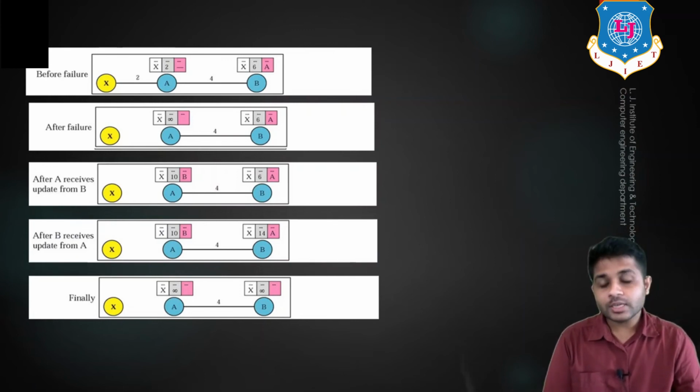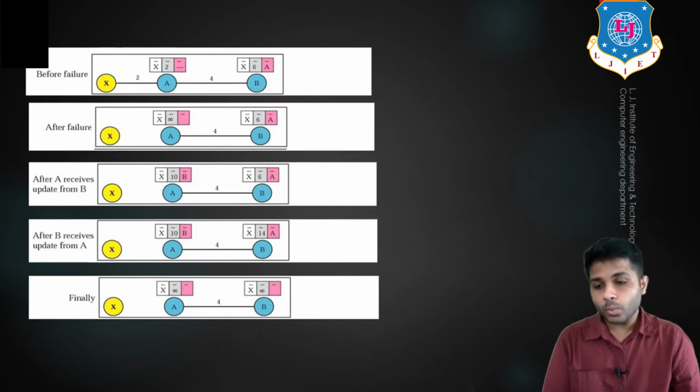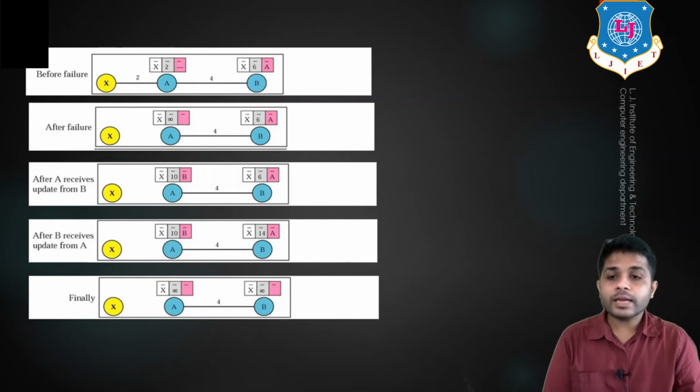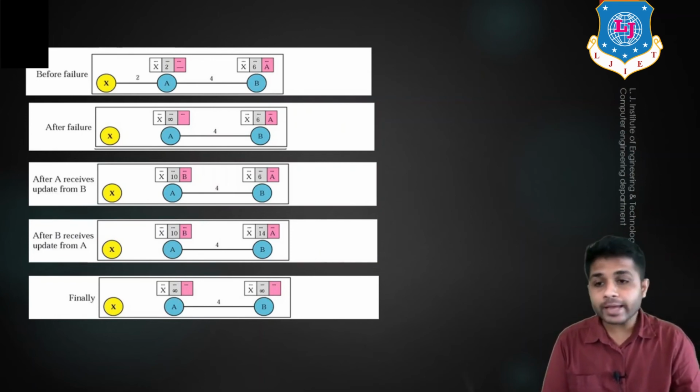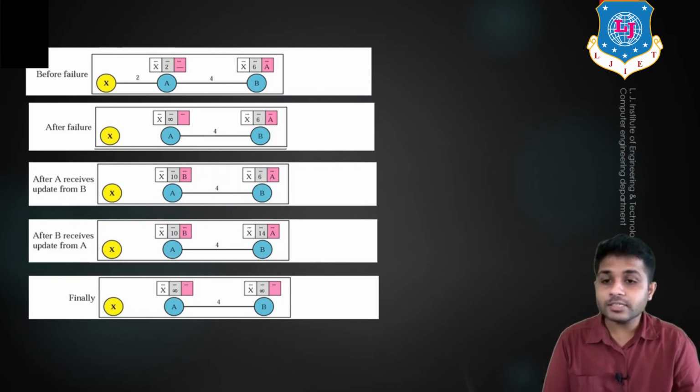Now can you tell me what the solution of two-node instability is? The solution is that information received from a router will not be shared back to the same router. B gets to know that if it wants to reach X, it can go via router A and the distance is 6.